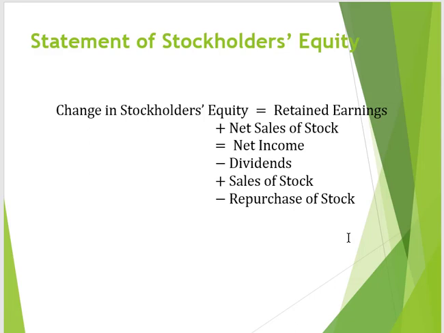The final view or statement that we can look at is to say, how does equity change? How are these statements all connected? So for the change in stockholder equity, you start with retained earnings. You add any sale of stock. That then obviously equals, we have net income.